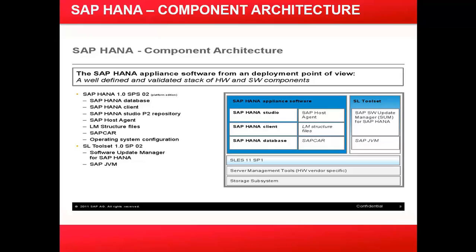Now here you can see the component architecture. In this component architecture, the SAP HANA appliance software is seen from a deployment point of view. We have SAP HANA database, client, studio, host agent, LM structure file, and SAP card. So these are the software products available within SAP HANA.